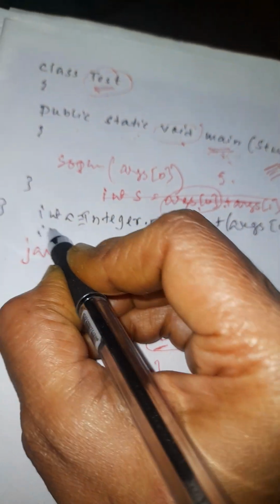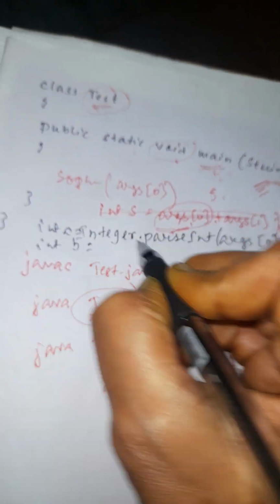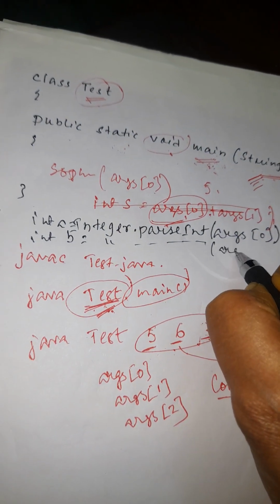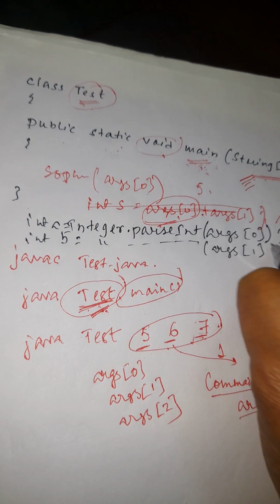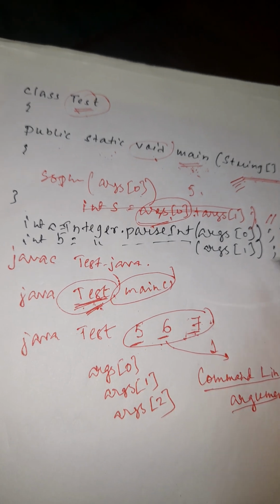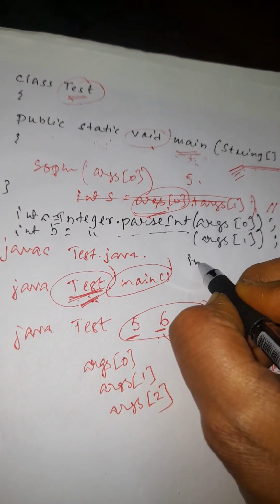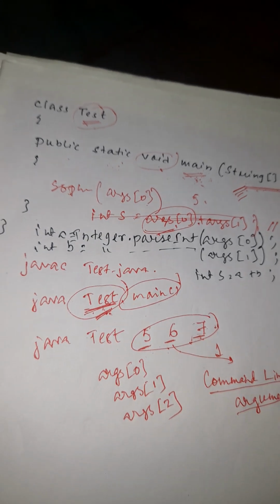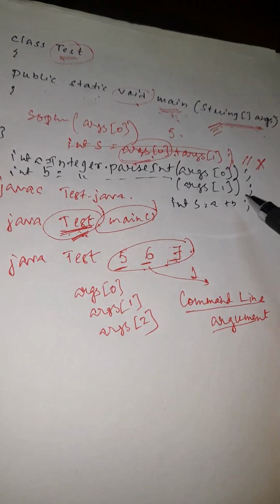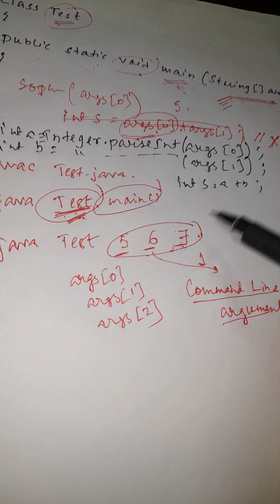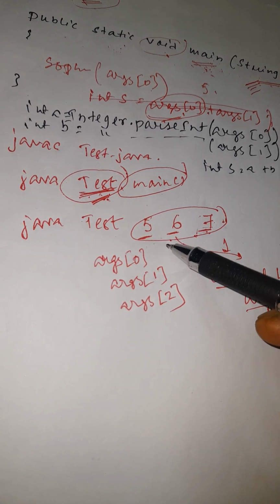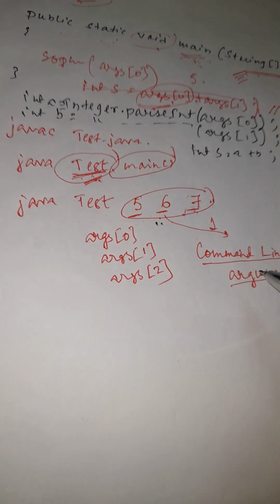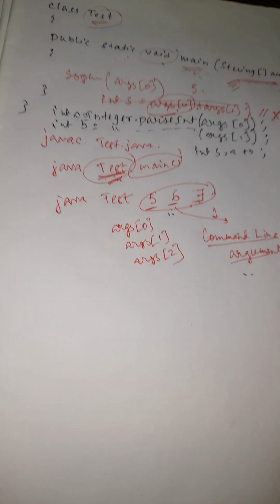Next, one more value: integer b equal to the same Integer.parseInt(args[1]). Like this you can convert. Then you can do the summation: integer s equal to a plus b. So when you pass the values while you execute your program, this procedure is known as the command line argument. Is it clear?